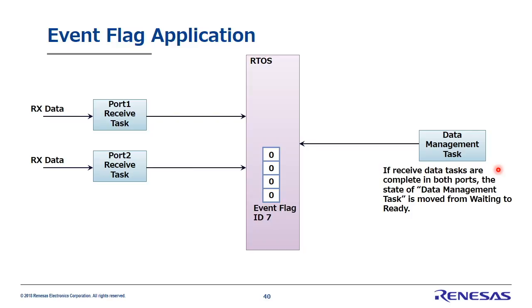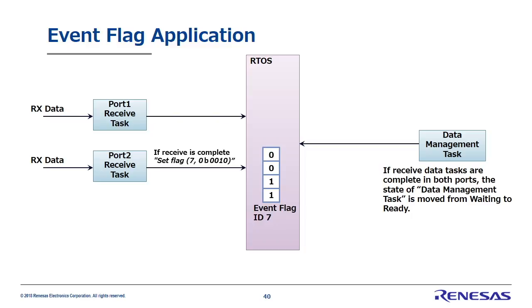The data management task waits for a flag with flag pattern 0011, like this. When port 1 stops receiving, the receive task for port 1 sets the flag 0001. When port 2 stops receiving, the receive task for port 2 sets the flag 0010.